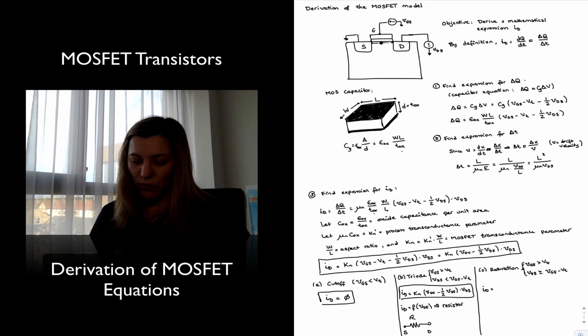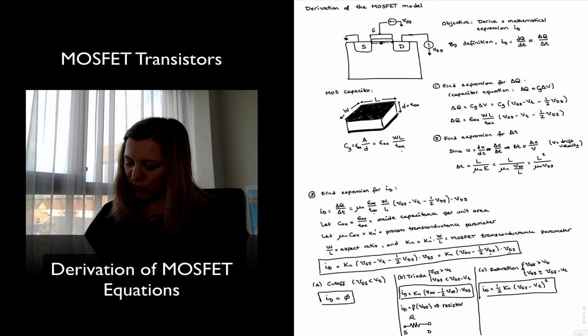And so when you put all of that together, you come up with 1/2 of Kn times (VGS minus VT) squared. Where, again, what I have done is taken the value of VDS equal to VGS minus VT, the value when I enter the saturation region, and replaced VDS by that value in the generic equation.